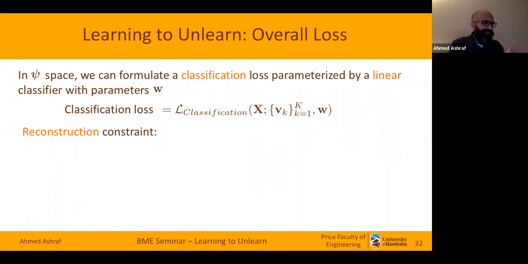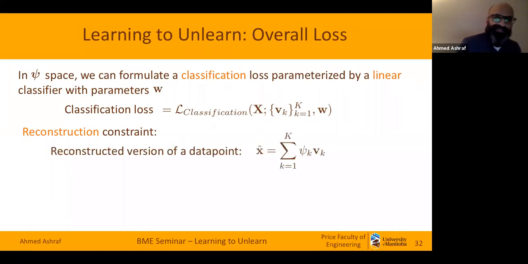Because, for instance, if I try to learn a transformation without paying heed to keeping a constraint on how much information I want to lose, and I map every data point, let's say to all zeros or to a constant, of course I've unlearned dataset membership, but I have lost every other attribute in the dataset as well. So we need to make sure that we penalize how much information is being lost.